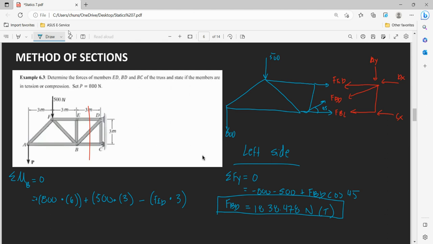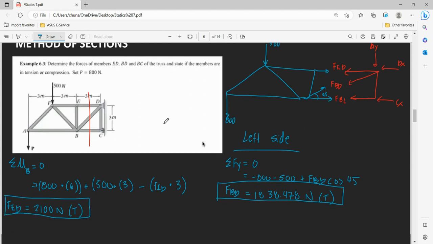So we have FED is equal to 800 times 6 plus 500 times 3, divided by 3, and that's 2,100 newtons, and that's positive, so that means this is in tension, so the direction we assumed was also correct.